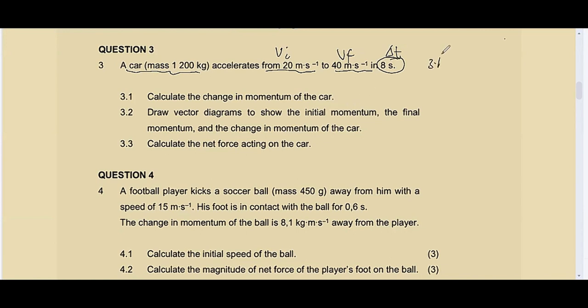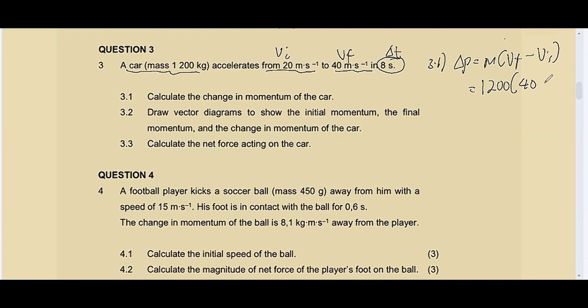For 3.1, we have to use the formula change in P equals m times (vf minus vi). What is our mass? We are given that it's 1,200. Then our vf is 40. We understand that this is in the same direction, because if it is accelerating, it is still moving in the same direction.